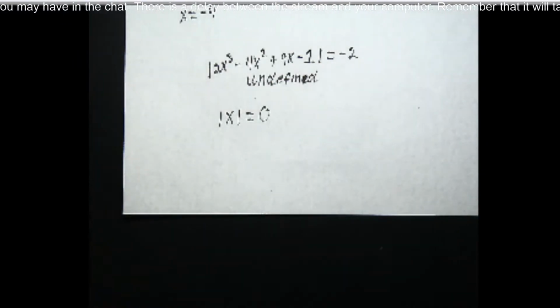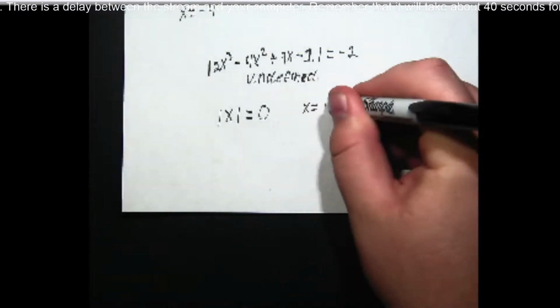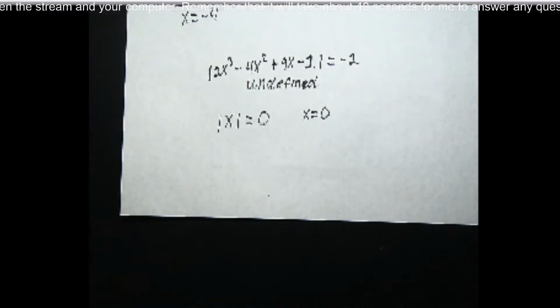What is the answer? 0. Because of course, there's no such thing as positive 0 and there's no such thing as negative 0, right? So we only have 0. Excellent. Any questions? None? Makes sense?